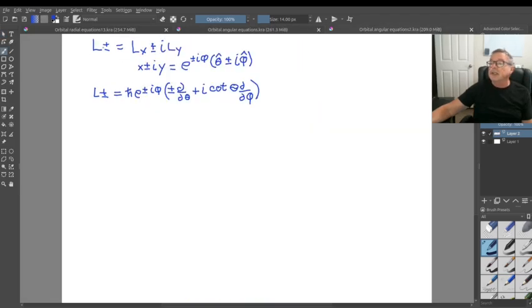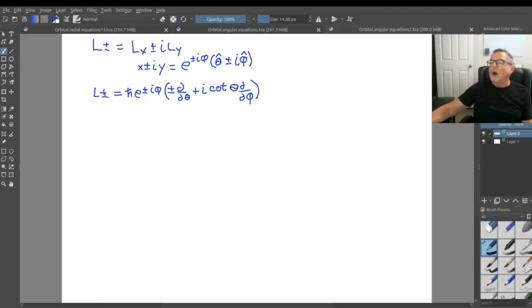Okay, here's the ladder operator, and instead of L sub x plus or minus i L sub y, I get x plus or minus iy equal to e to the plus or minus i phi, delta operator plus or minus i phi operator.